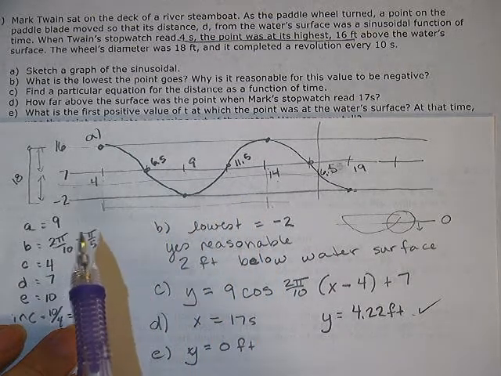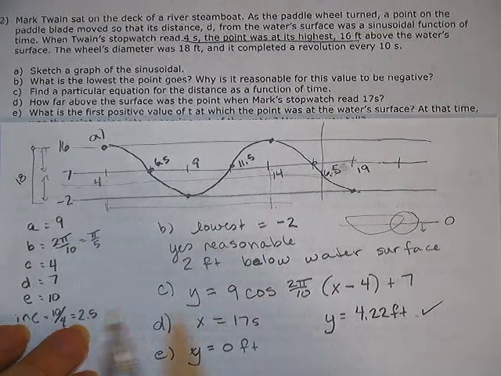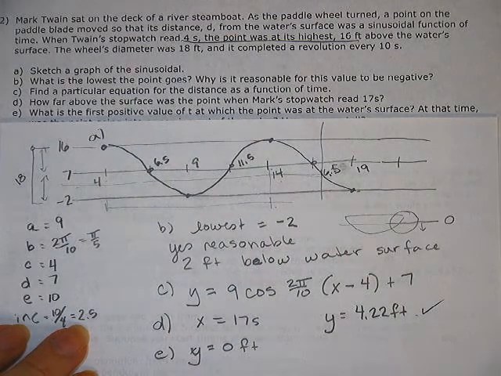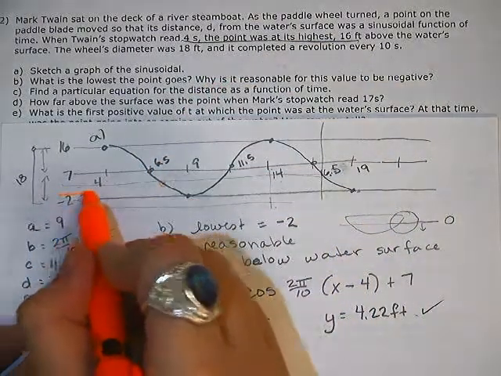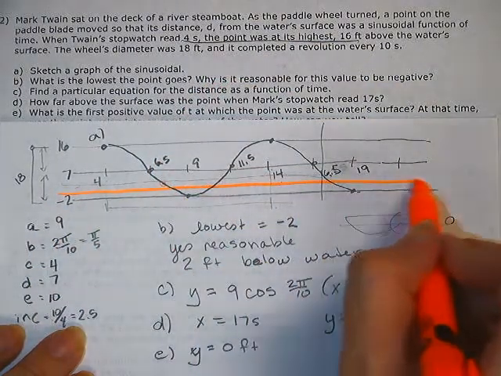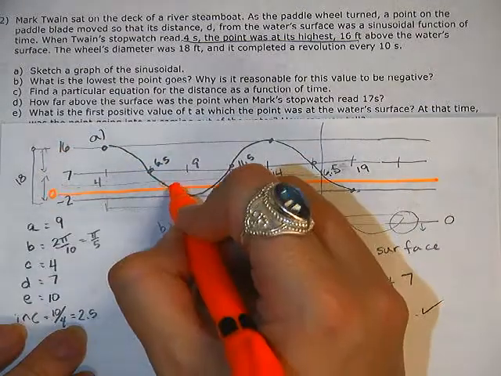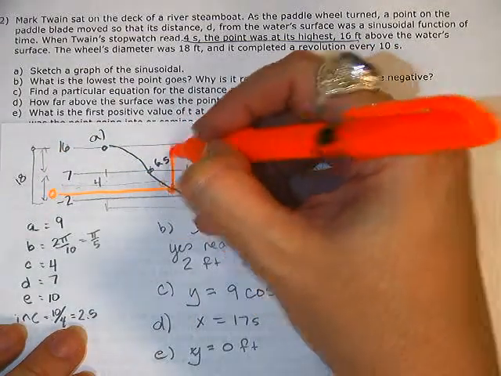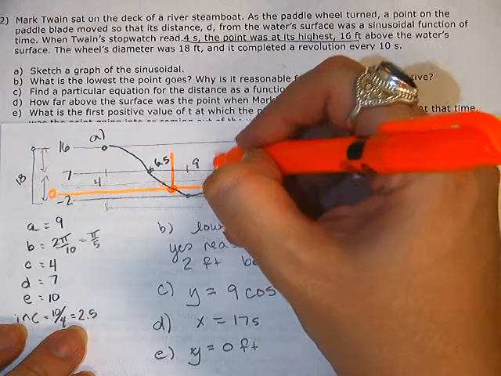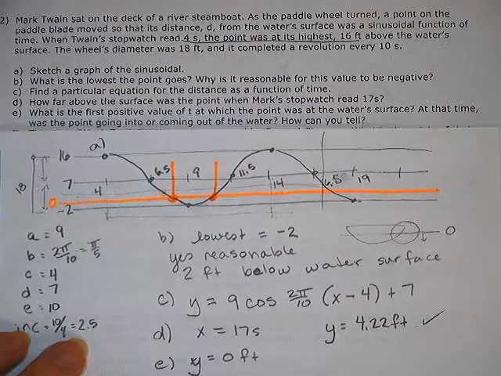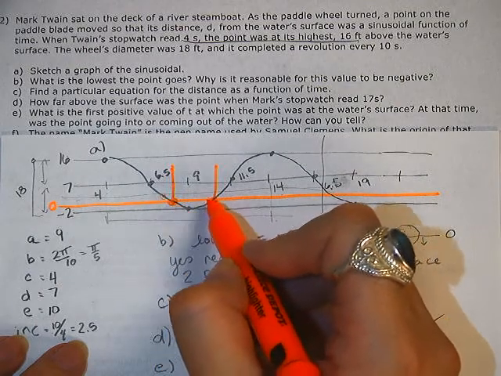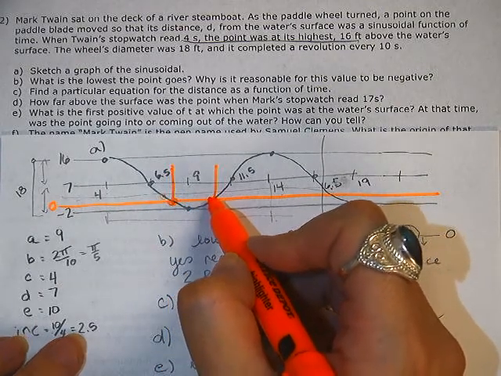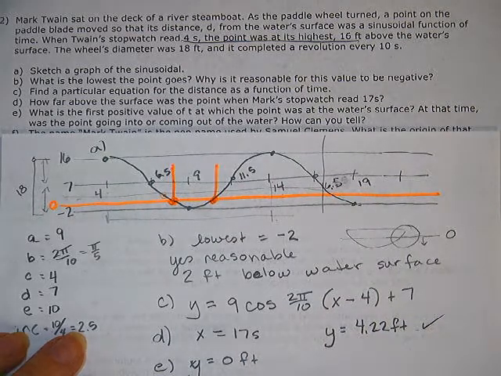So we're looking for where that happens. If I put in a 0, here's my 0 line. It's going to happen somewhere right about there, and somewhere right about there. It asks where it goes into the water, that's the first part of part E, and where it comes out of the water, which is that part right there.